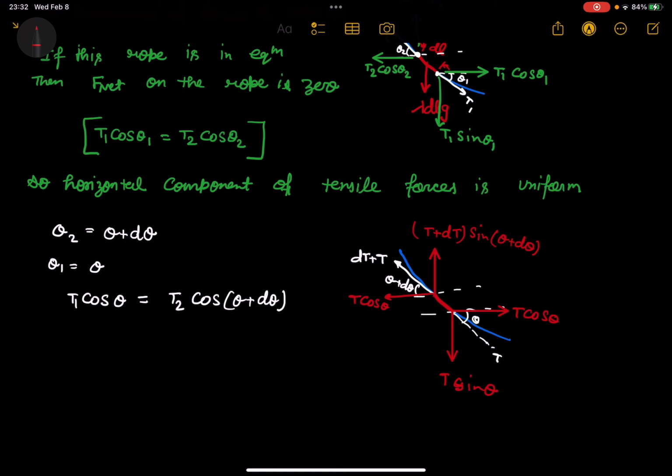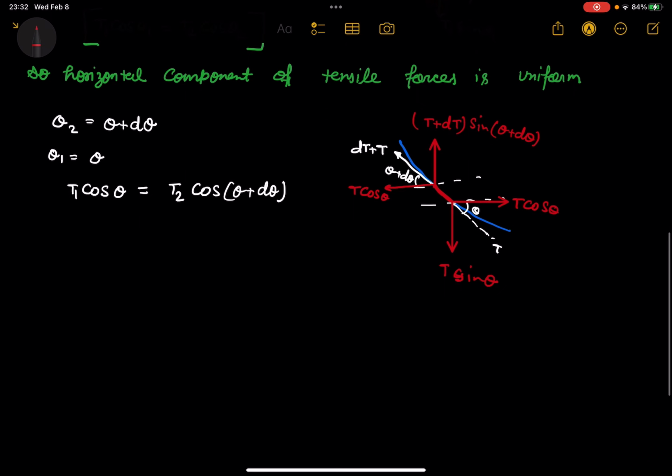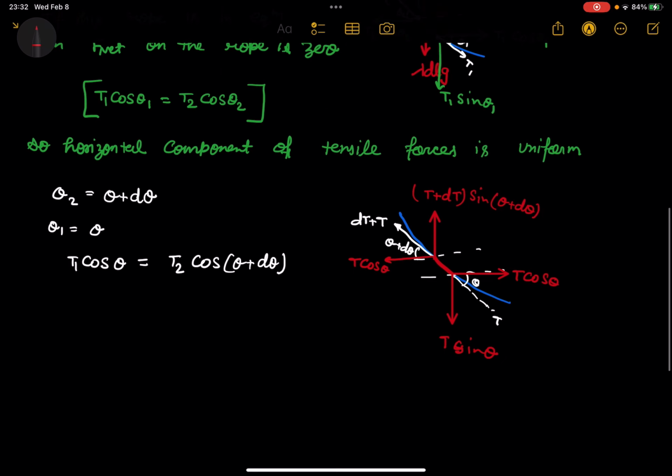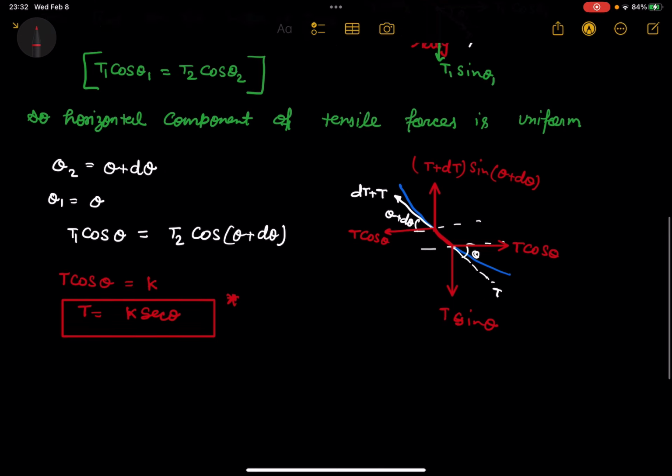On this basis we can say, listen carefully, if T cos theta is constant, then the T value is K sec theta. Can I write like this? T cos theta is constant, everywhere uniform.